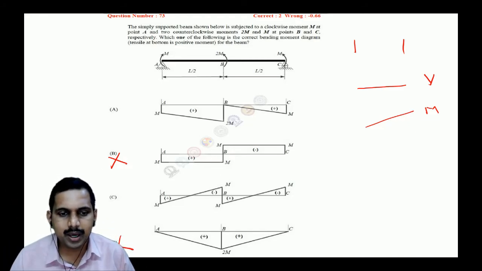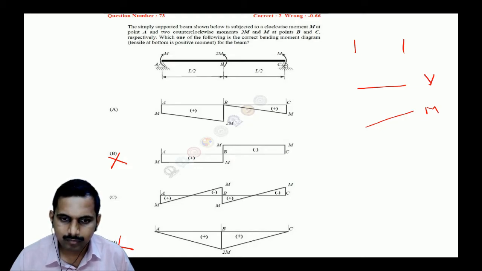Okay, so it is A or C. A only. Very good.